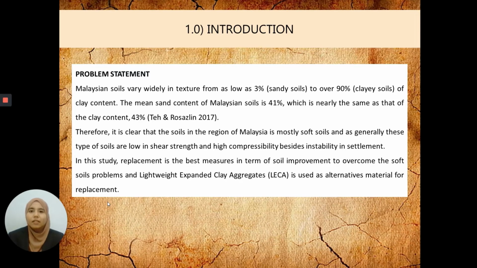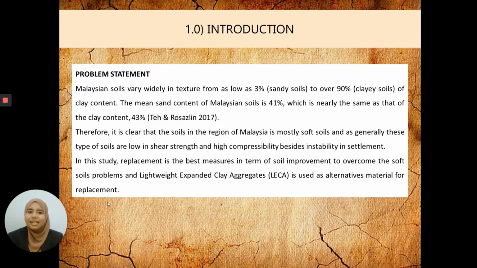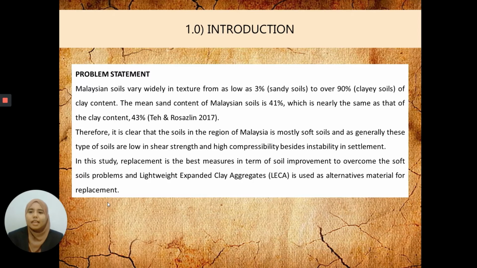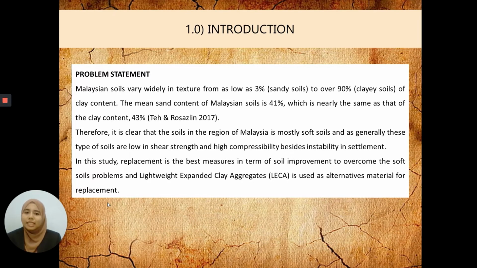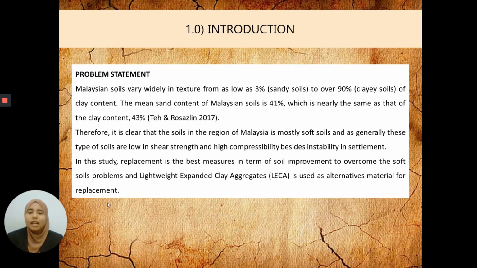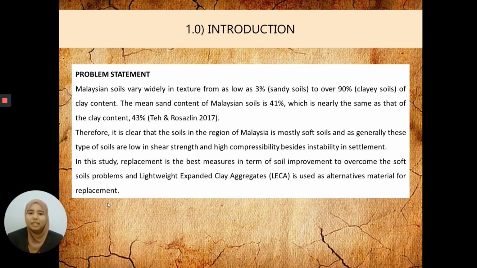The mean sand content of Malaysian soil is 41%, which is nearly the same as that of the clay content, 43%. Therefore, it is clear that the soils in the region of Malaysia are mostly soft soil, and generally, this type of soil is low in shear strength and high in compressibility. Besides, it is unstable in settlement.